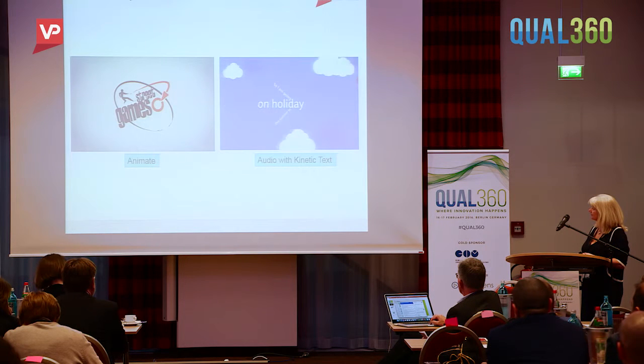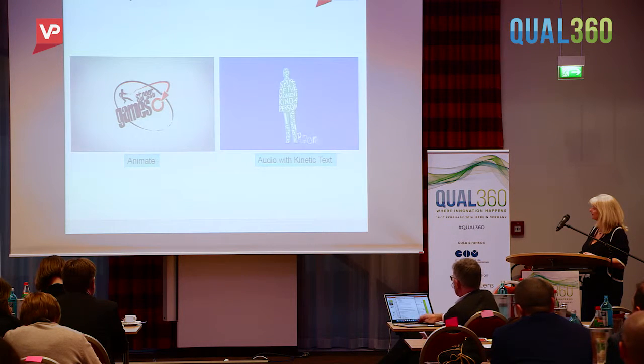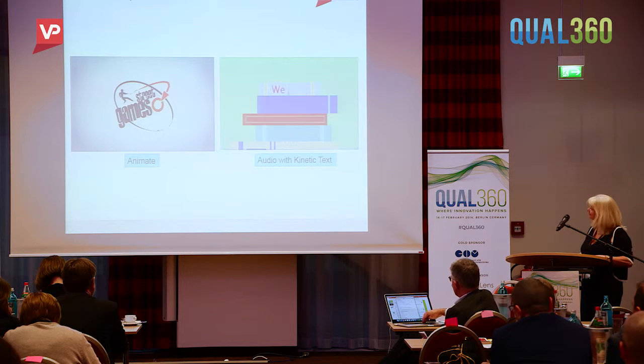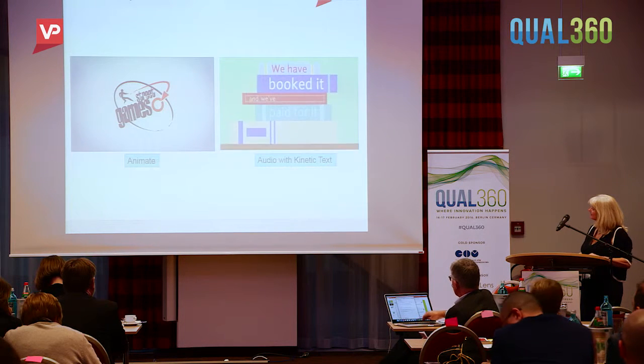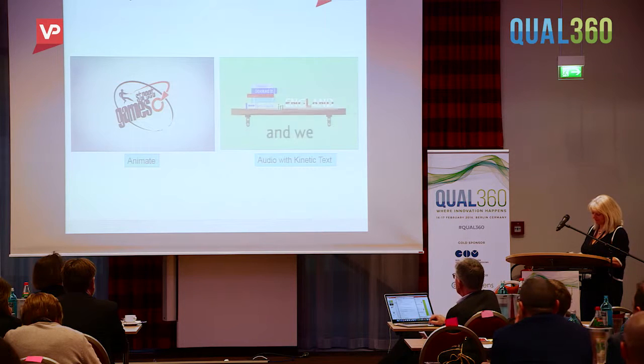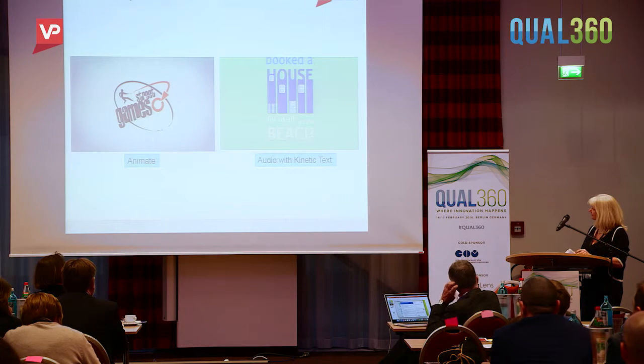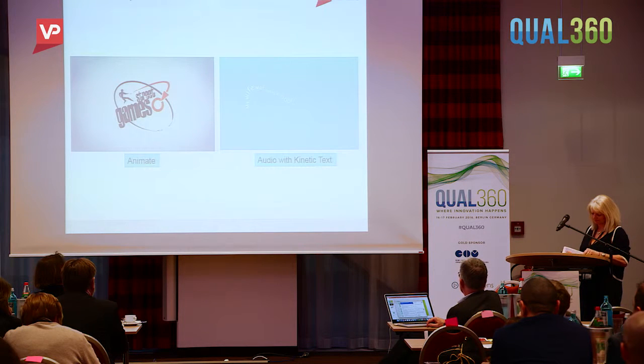So I'm going on holiday this summer to Spain. No planning's gone in yet, but it's something I need to plan for shortly. I'm more of a spur of the moment kind of person. I should probably plan more. We have booked it and we've paid for it, and we're going in England, and we booked a house for us all on the beach. My wife was looking at booking a holiday yesterday actually, so potentially going to France this year.